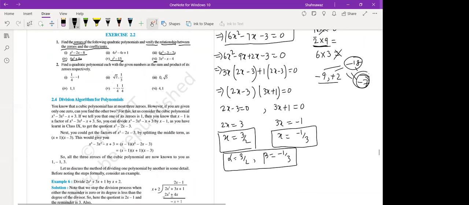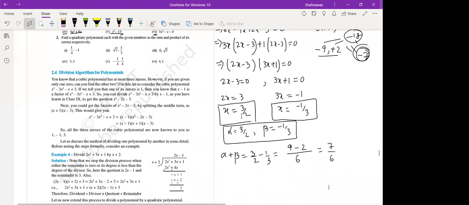What will be the sum? Alpha plus beta will be 3/2 plus minus 1/3. So taking the LCM, this is 7/6.